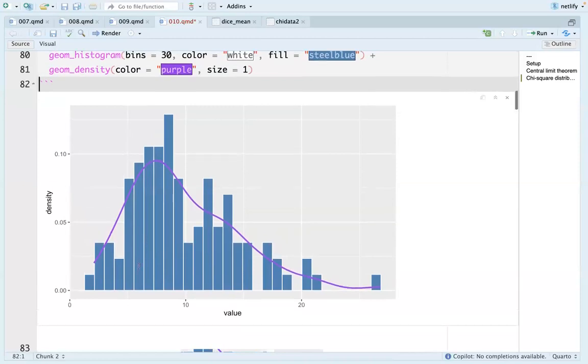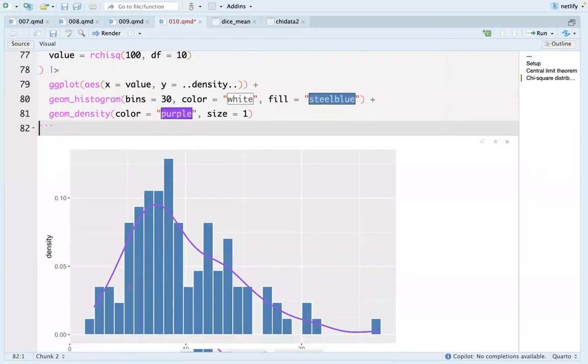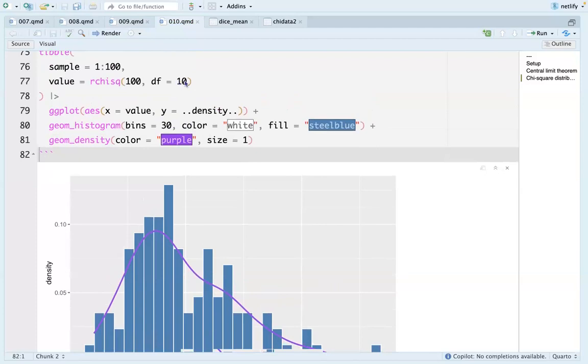As the degrees of freedom increase, the peak smoothly moves toward the right side, which means the long right tail becomes much shorter. And we change to 20.